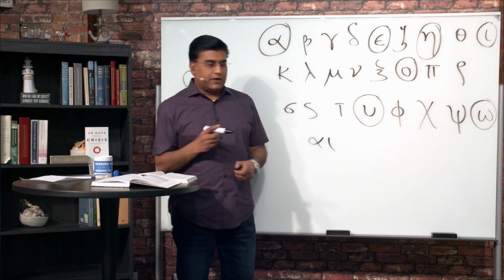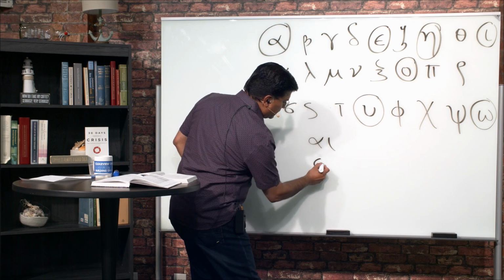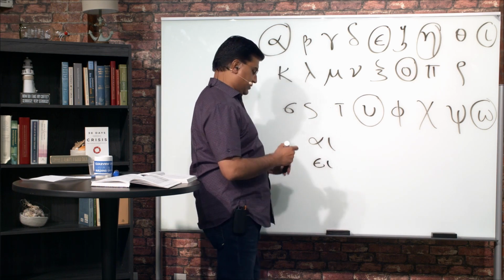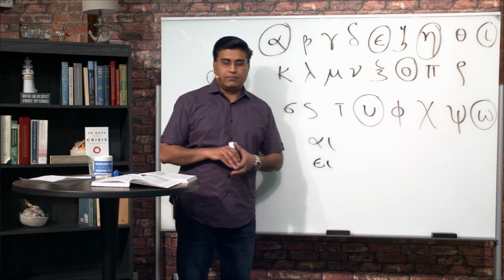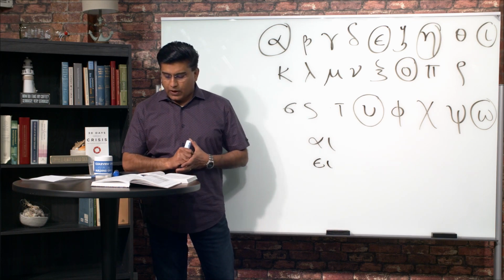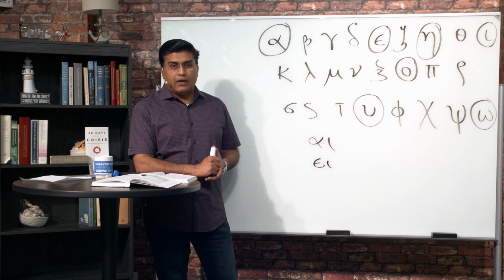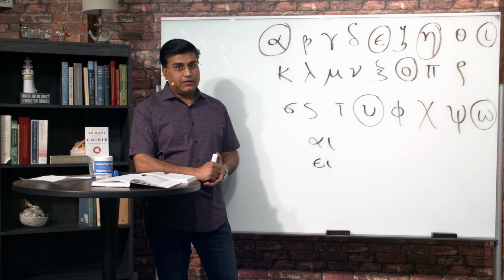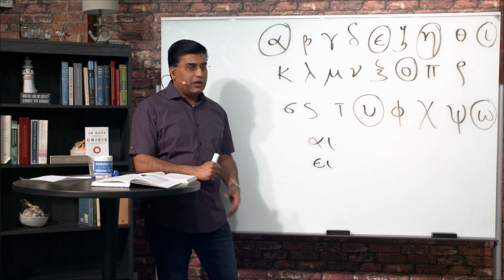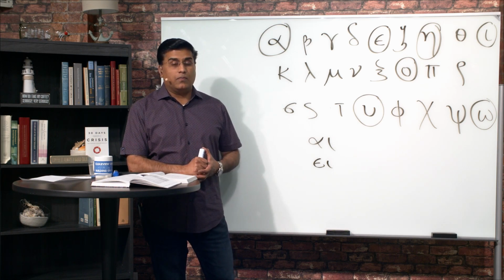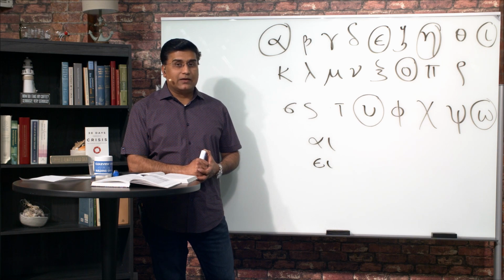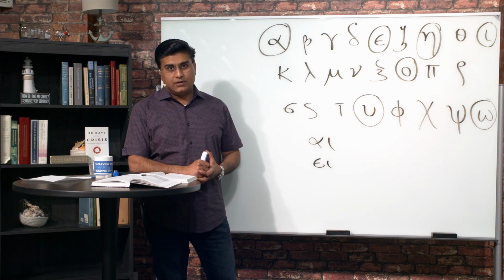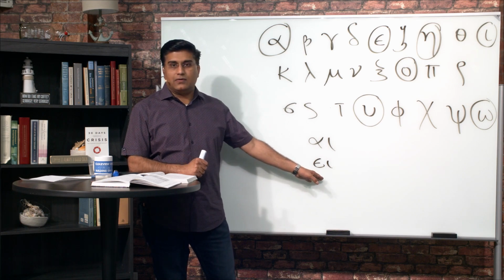What if it is epsilon and iota coming together? If you go by the classical pronunciation, it's like EI in eight, A. How would it be in the Koine or modern pronunciation? It's like the I in spit, E, rather than A.